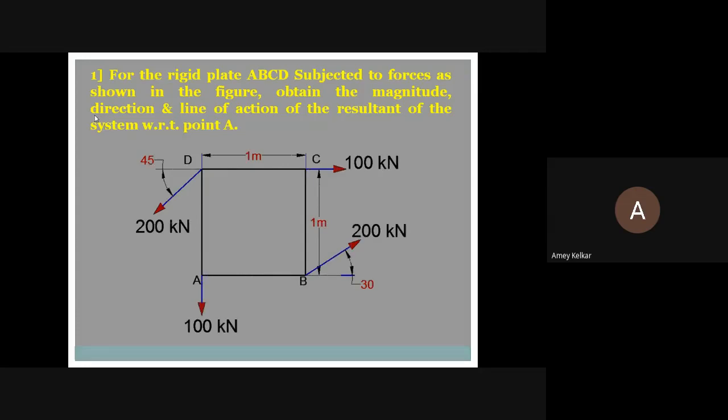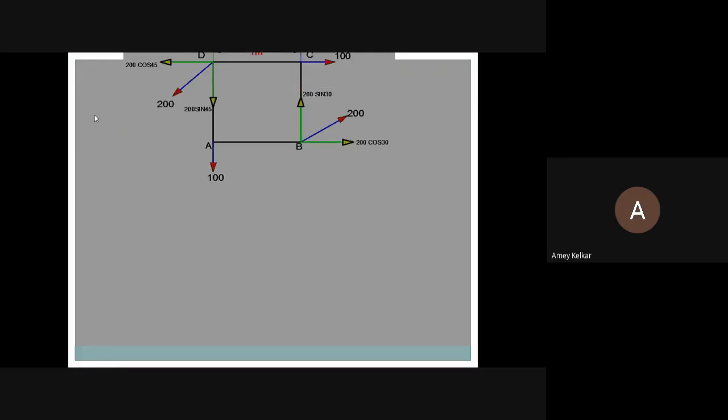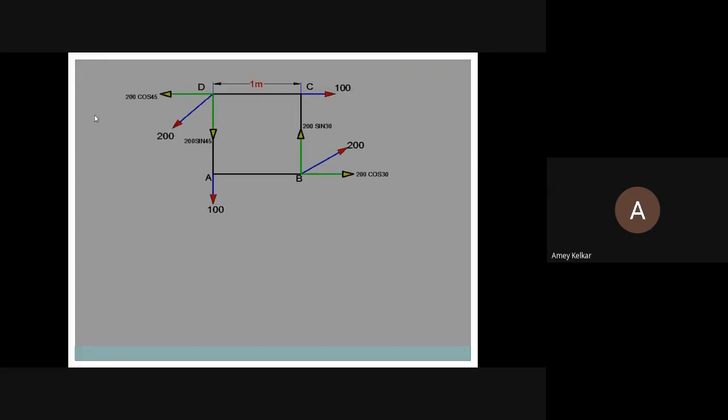For this, I'll put up this simplified diagram in which all the forces are resolved. You have to take the resolved components and solve for summation Fx and summation Fy. Please start working and give me the answers.